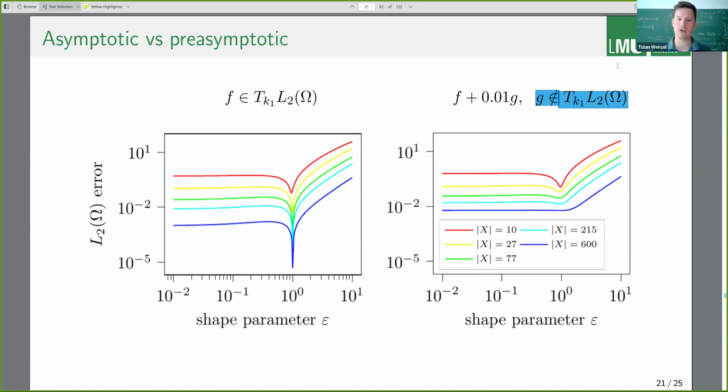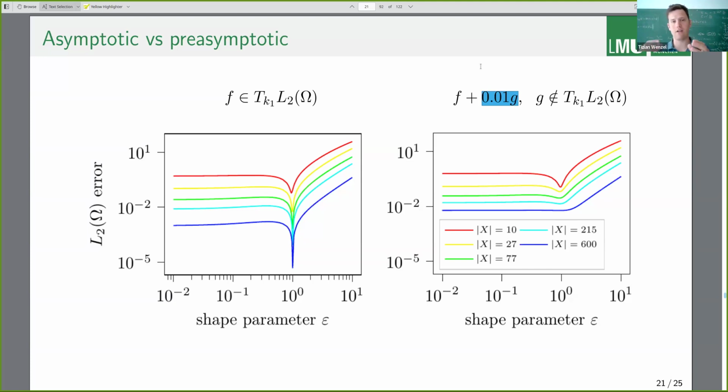Then the situation looks really different, because we can see that for a small number of points, like the red line, the error curve looks pretty much the same. Having only 10 points, the small perturbation does not have a large effect because it's small. But with more points, for example 600 points, the blue curve, our approximation error is in general way smaller, and therefore this small contribution of the function g also has an effect.